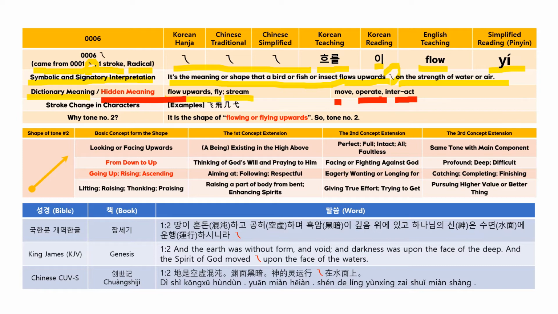Okay. Also, this character changes in stroke in some characters. For example, this character flow E, in some characters it can be shown just like this. Yeah, here. Also can be shown just like this in this character. Yeah, table, small table.